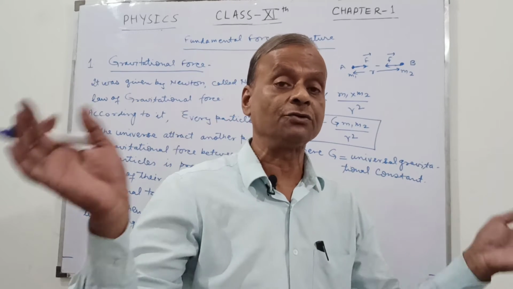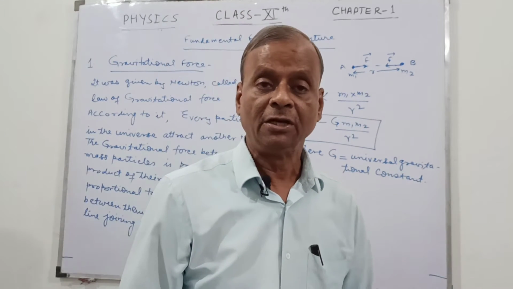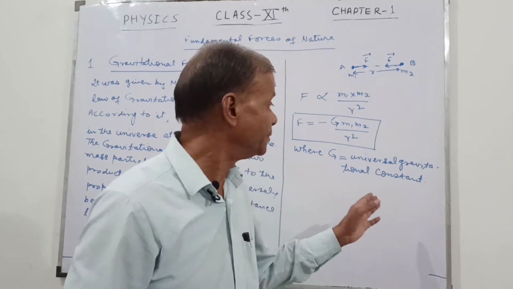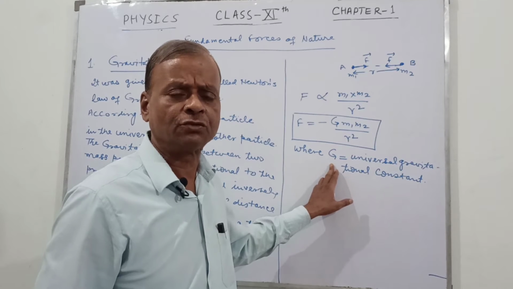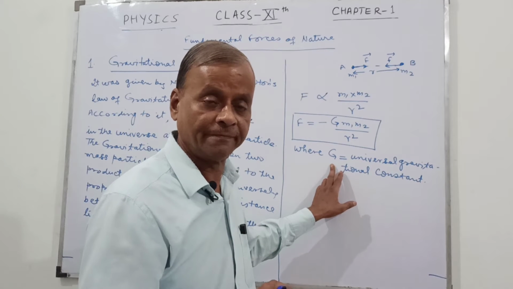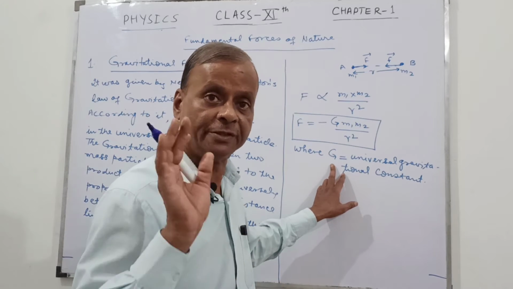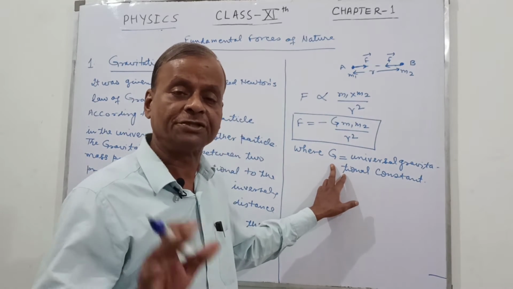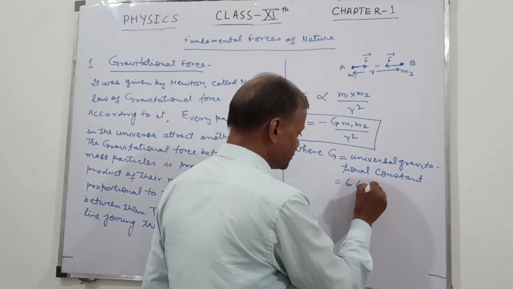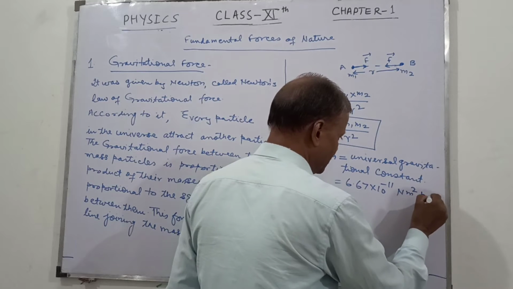So this is universally constant, whether the two mass particles are near or far away, whether they are lighter or heavier. Even if the mass particles have a medium between them or no medium, the value of G remains constant. So this is the universal constant, and its value is 6.67 into 10 raised to the power minus 11 Newton meter square per kilogram square.